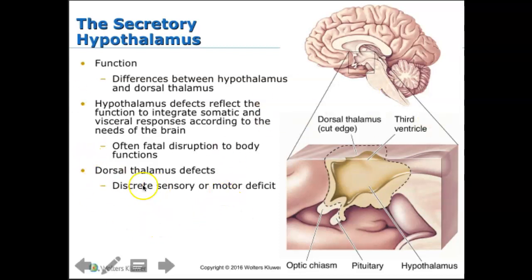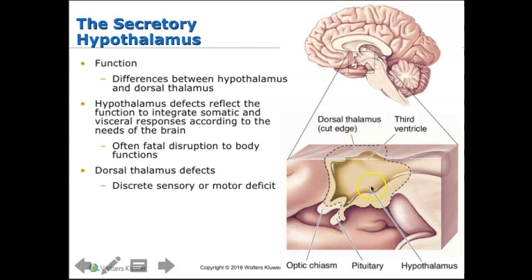On the other hand, the thalamus controls and coordinates the input of all the sensory and motor pathways, digests that information, and then transfers it back into the cortex. So the function is quite different between the thalamus and the hypothalamus, okay?